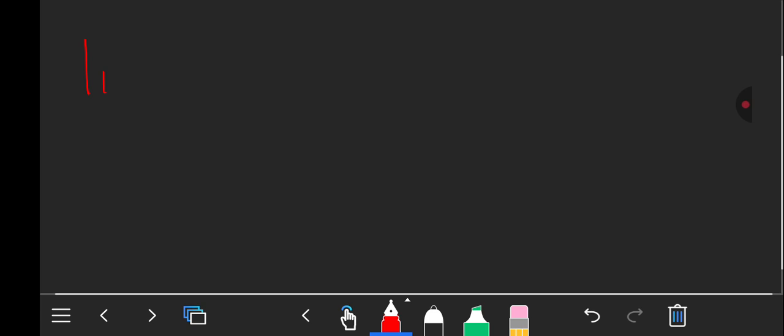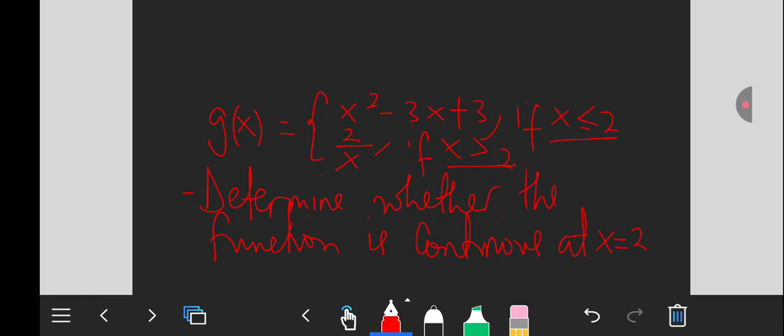So we're going to say limit as x approaches 2, we put negative on top to indicate from the left hand side. From the left hand side, let's see which equation we're going to use. So from the left hand side, we're going to use x is less than or equal to 2, because this is the one which includes values less than 2. That is from the negative side of 2, in short.